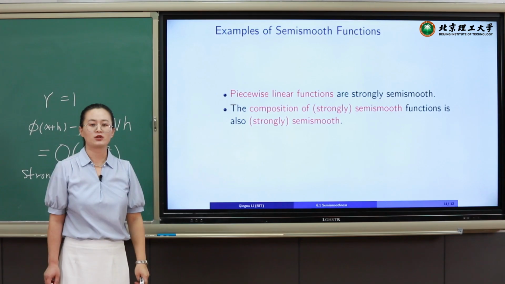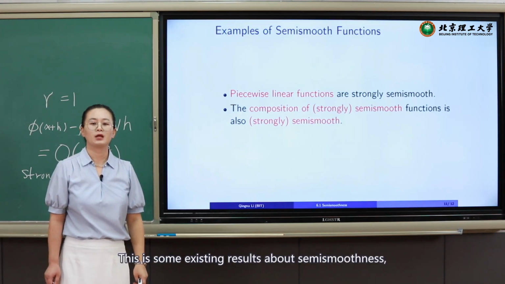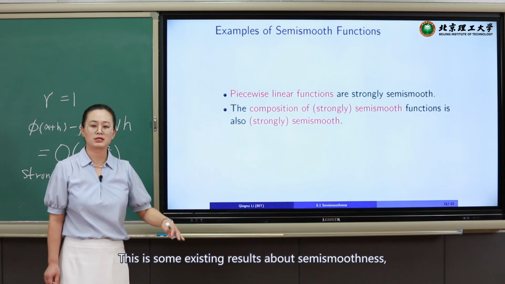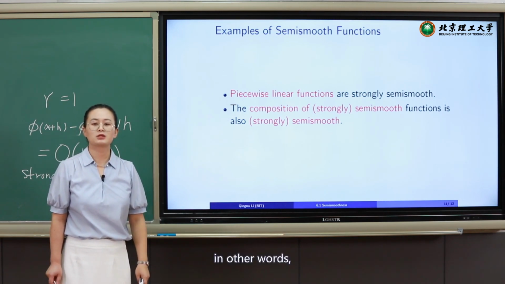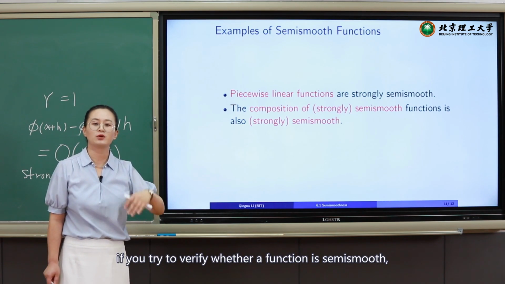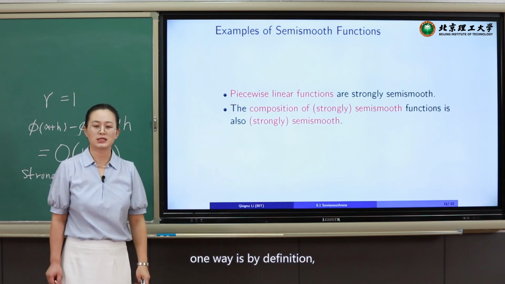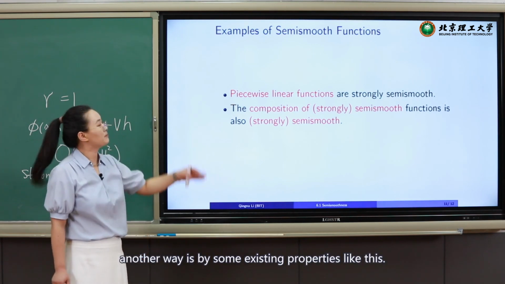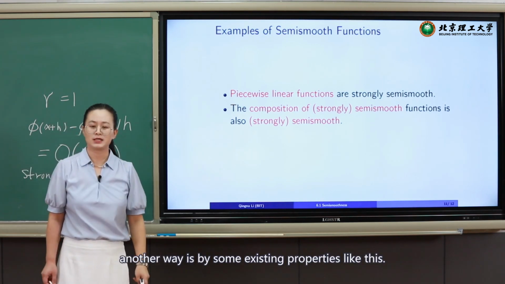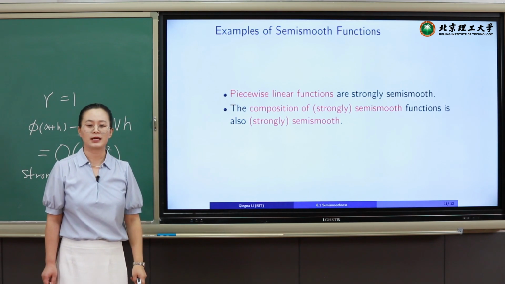These are some existing results about semi-smoothness. In other words, to verify whether a function is semi-smooth, one way is by the definition, and another way is by existing properties like these.